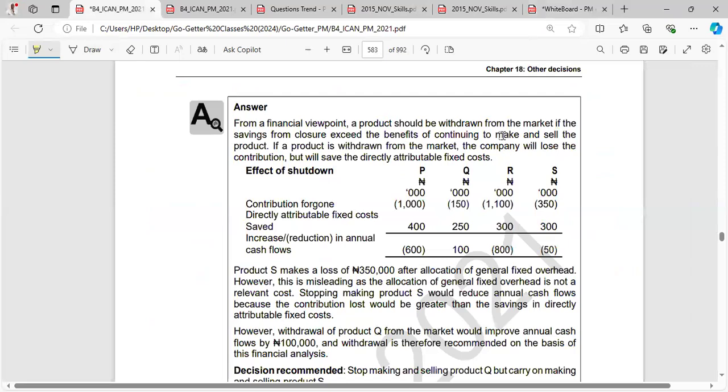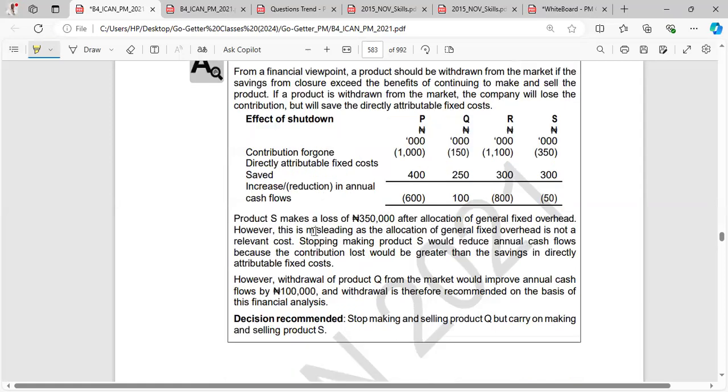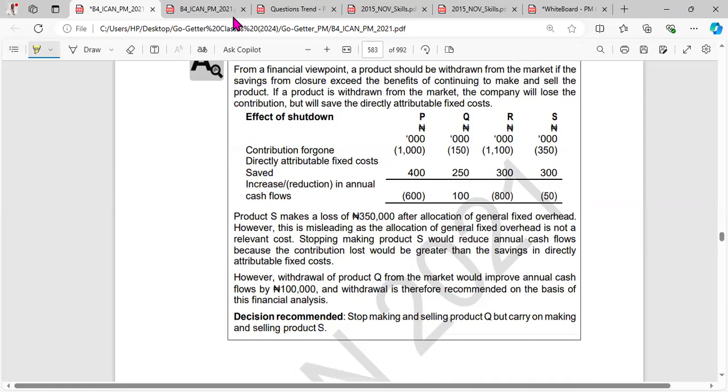So would you want to shut it down? No. If you shut down Q, it will increase your cash flow by 100. You want to increase your cash flow? Yes. So shut it down. The others, if you shut them, there will be a reduction in cash flow. And we said S makes a loss of 350 before the allocation of general fixed overhead.